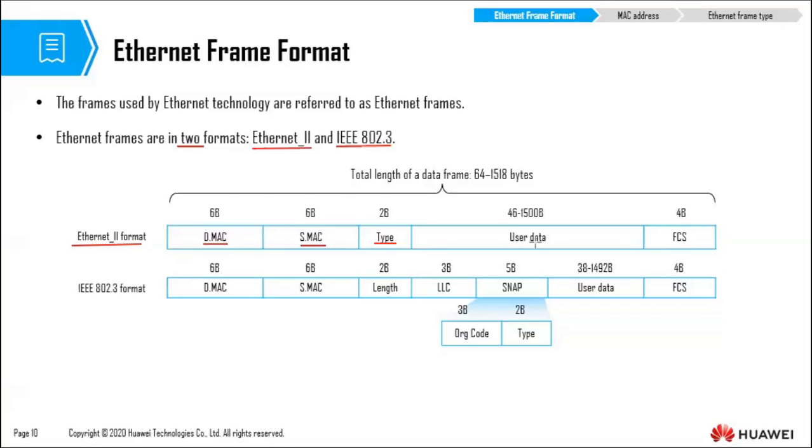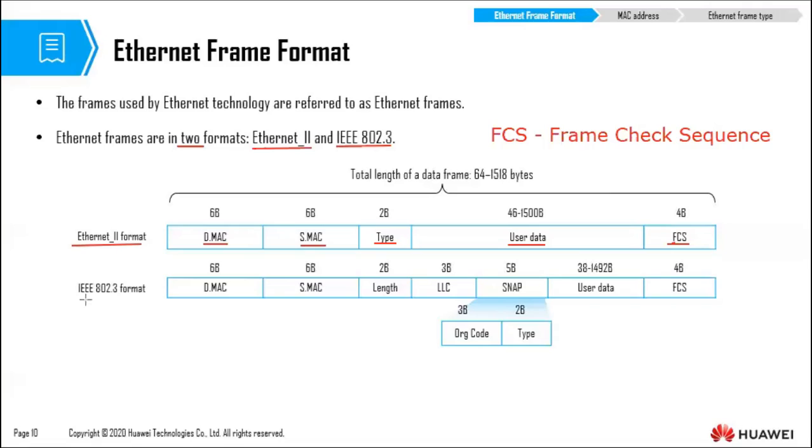Then this is the user data. Then this is what we call the frame check sequence, FCS, which is used for error checking and confirming the validity of the frame, that it has not been tampered with. It's at the data link layer that we add the Ethernet header and the Ethernet tail. Those are the fields of an Ethernet 2 frame.